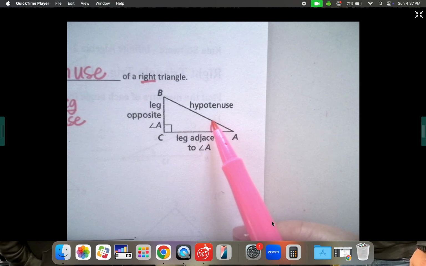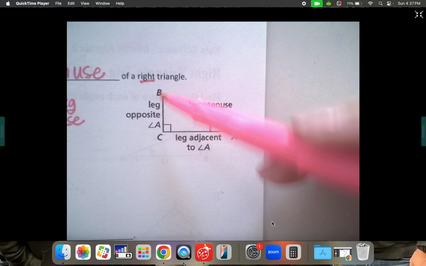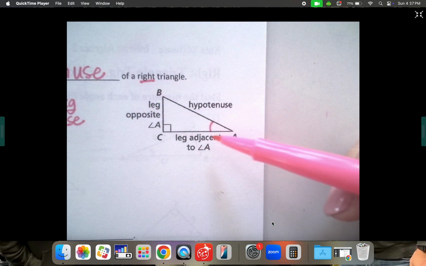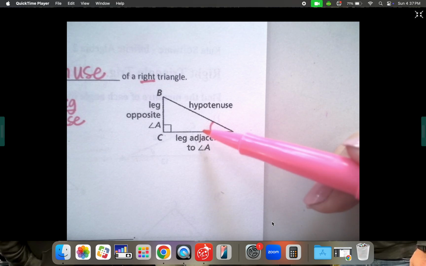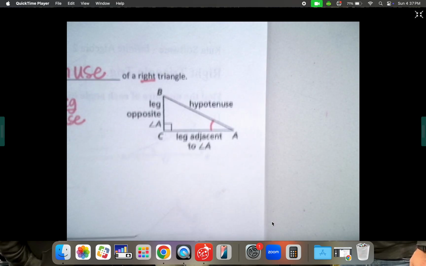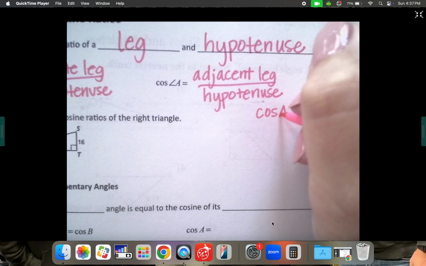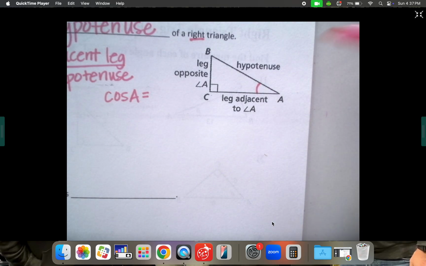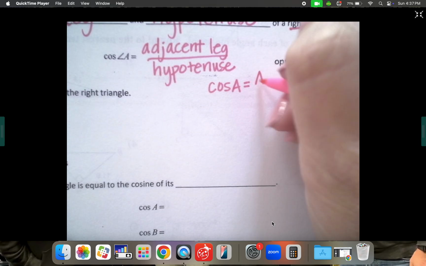So if we're talking about right next to this angle, we're talking about part of what makes it up. Not the hypotenuse, but the adjacent leg. So it's just this leg. If we were talking about this leg, it would be the opposite. But we're talking about the one that's adjacent to it, so it's going to be the other leg. So the leg adjacent and the hypotenuse. So let's write what those letters would be. So for cosine of angle A, that would be side lengths or sides AC to AB. So AC over AB.